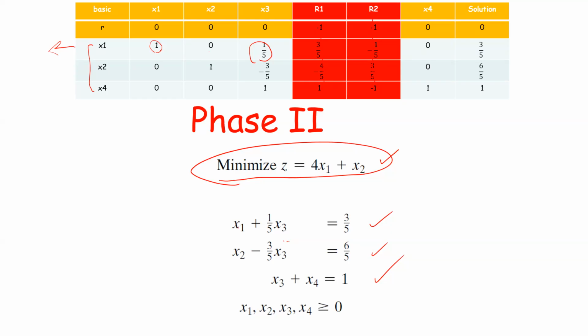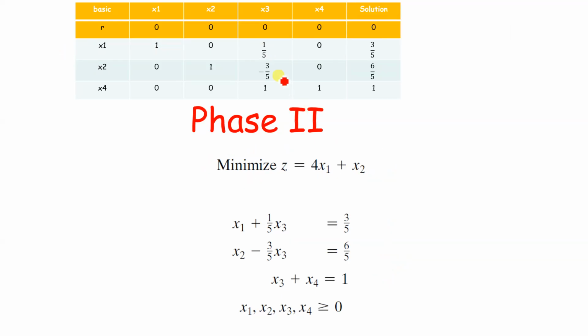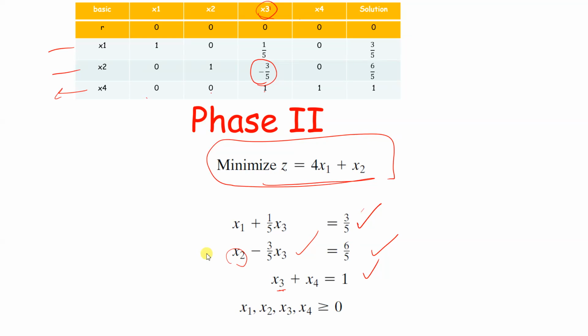They have performed their duty, so we are going to leave them, and the right side is 3 by 5. So this is how we can write this equation from this row, and the x2 row will be written as 0x1 plus 1 times x2 minus 3 by 5 x3, and 0x4 is equal to 6 over 5. Similarly, this row can be written in the form of an equation as 0x1 plus 0x2 plus x3. So you can see x3 here plus x4, which is equal to 1. Now we are going to solve this problem. So we have to minimize this under these constraints, right?